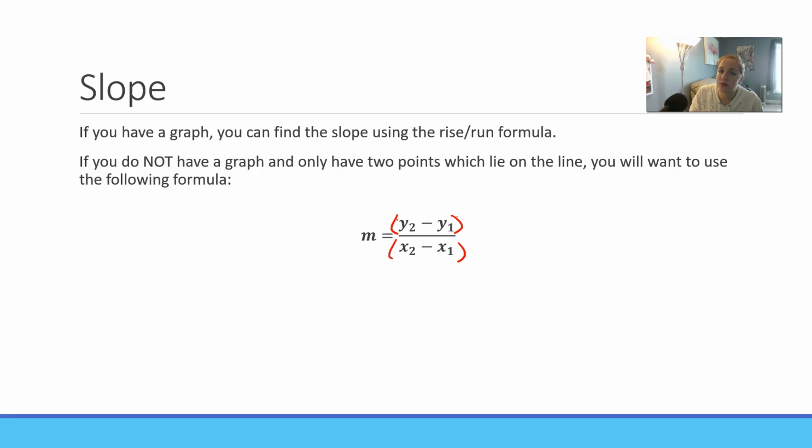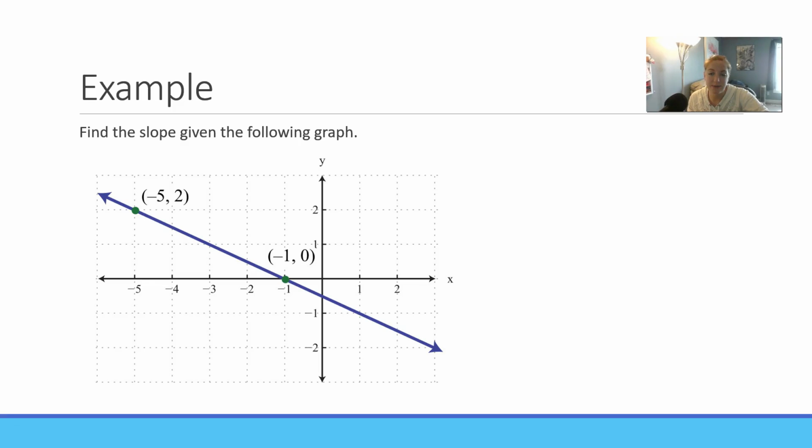Notice in here they do list the y2 first and then you're subtracting y1. Just as long as you keep this consistent, it's fine. So y2 minus y1 over x2 minus x1. If you had flipped those and done x1 minus x2, you just got to make sure you do the same for y1 minus y2. And of course you want to reduce that fraction if you can.